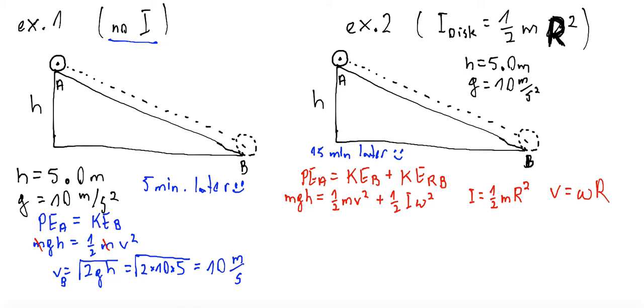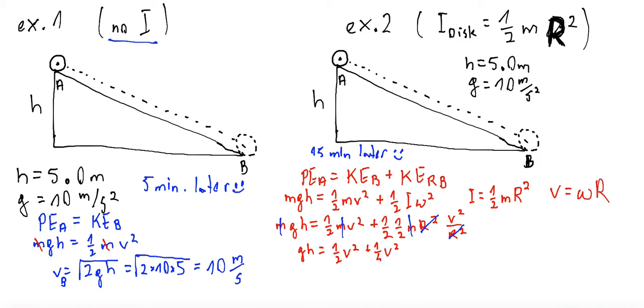Okay, so let's make one equation. mgh is equal to half of m v squared plus half of I, which is half m r squared, and omega is v over r, so we have v squared over r squared. Due to this, you can cancel r squared and additionally the mass here, here, and here, obtaining gh on the left-hand side and half of v squared on the right-hand side plus a quarter of v squared on the right as a sum.